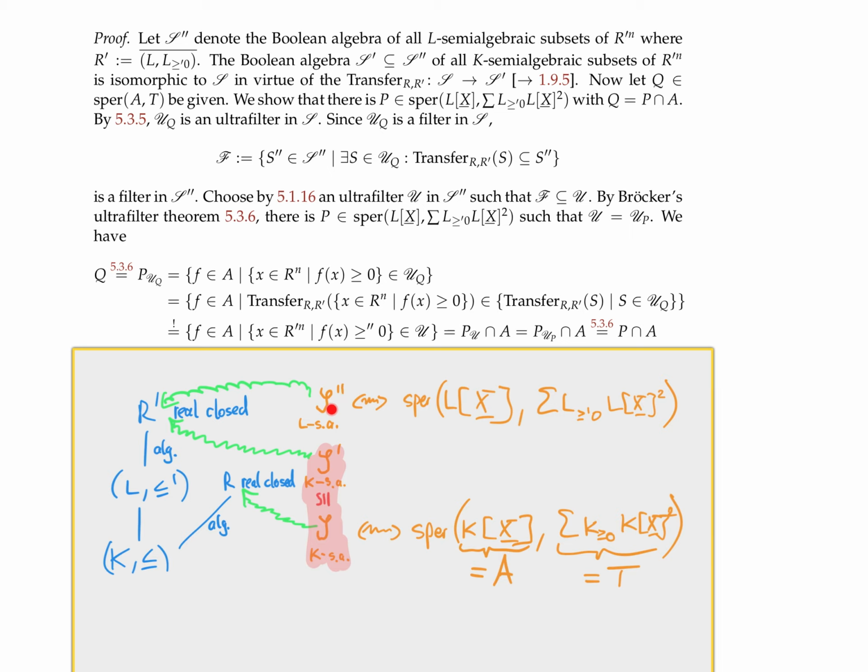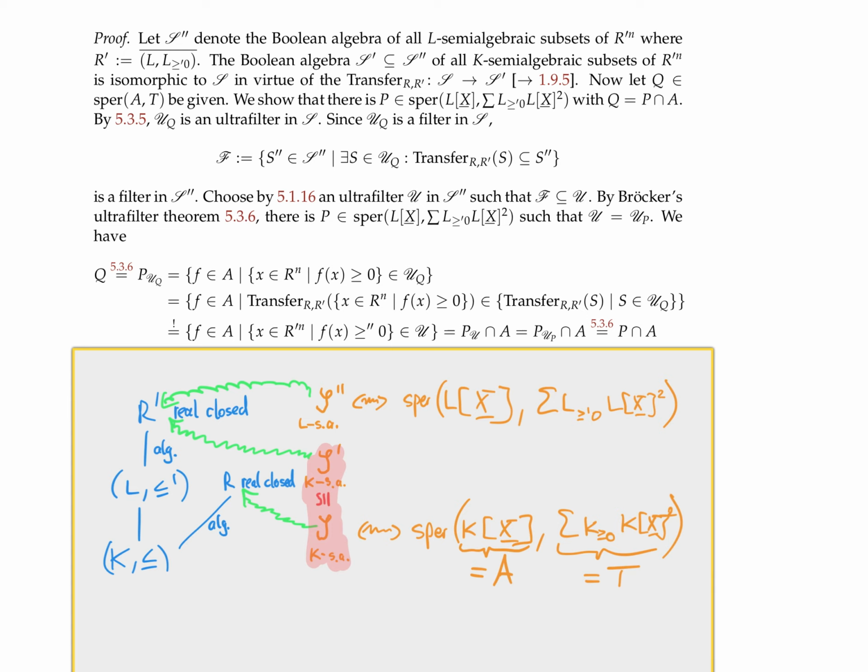U is an ultrafilter here, so to that there corresponds a prime cone PU here. But since I write here F in A, that's just intersected with A. So this is the prime cone intersected with A. But U is UP, and I have a choice of P, and so this is PUP intersected A. But PUP is P, right? By the ultrafilter theorem. So that's P intersected A. And when I'm done, right?